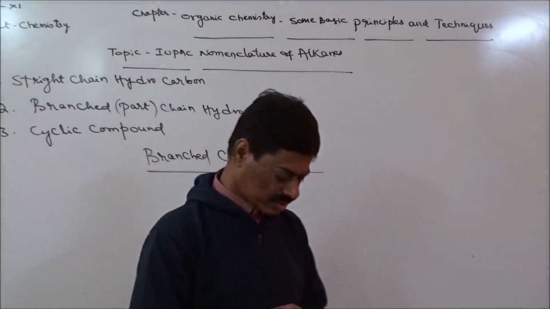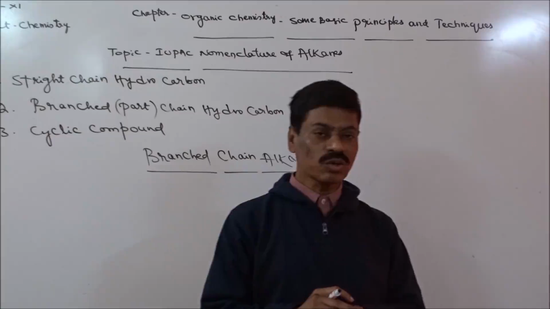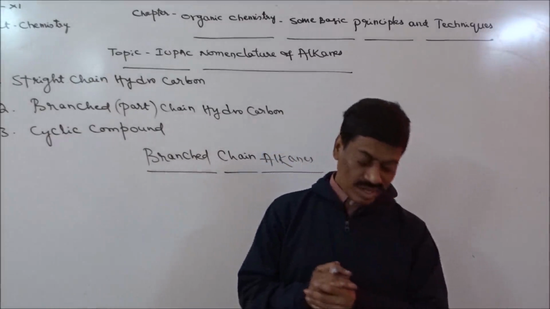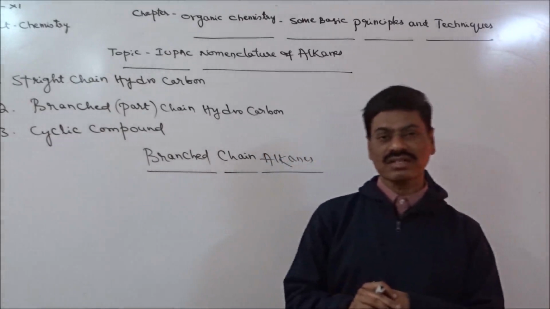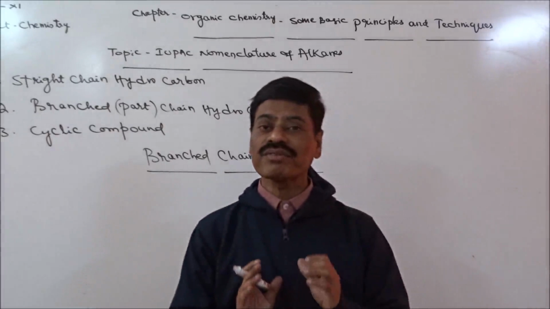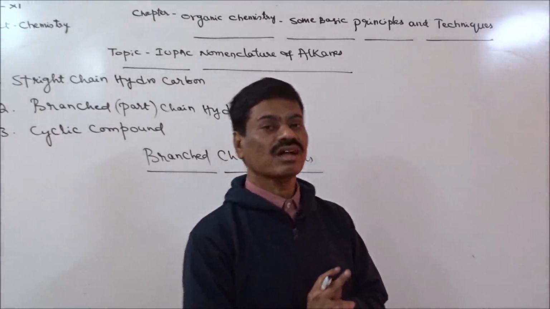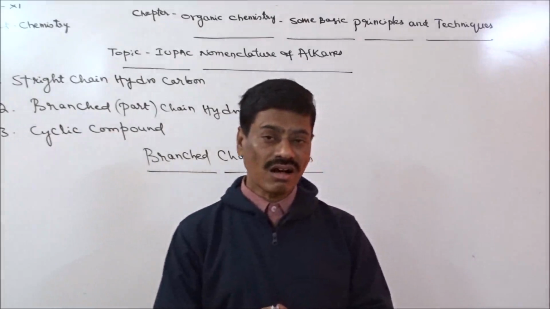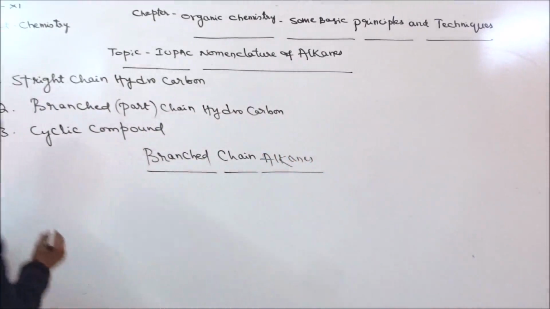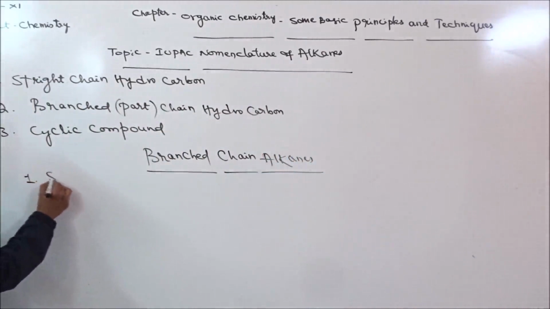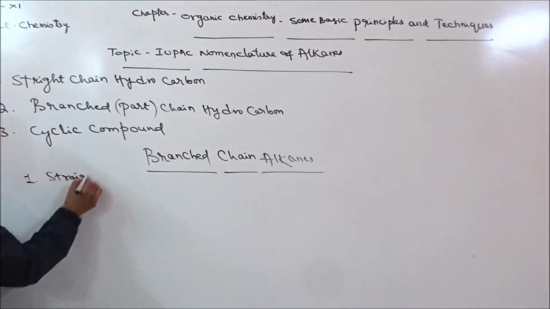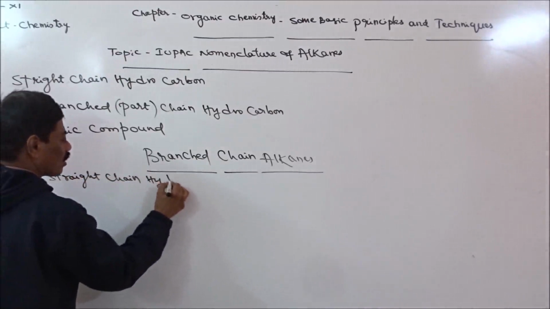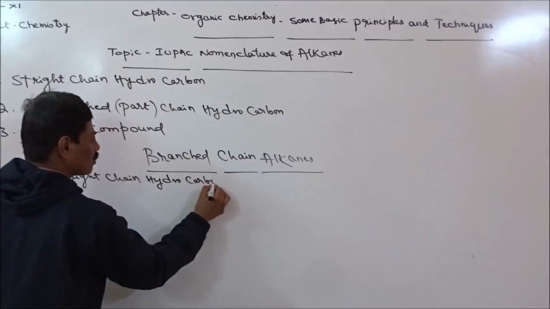Number 2, least sum rule or lowest sum rule. Number 3, use of di, tri, tetra prefixes. And the last one is alphabetical order of substituents. So the first one is straight chain hydrocarbon.